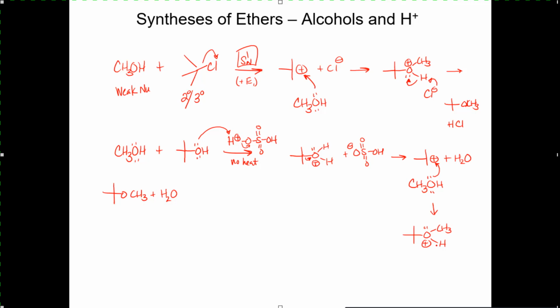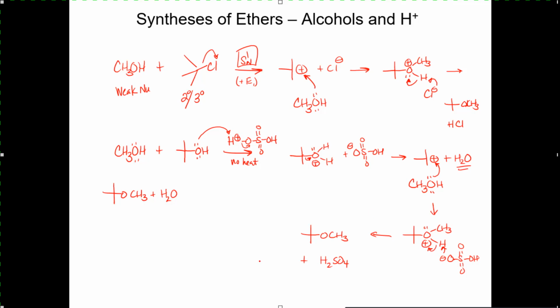Pair of electrons, the OH bond is going to break. The pair of electrons is going to go to the oxygen. Well, what's going to catch the H plus as it falls away? The SO4 minus. So I'm going to basically form my tert-butyl methyl ether, and now H2SO4 is regenerated. And I already produced water up there.